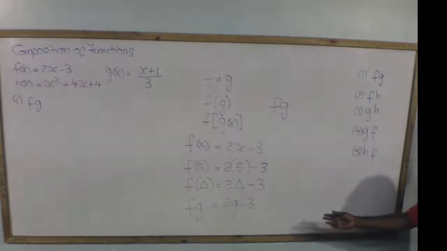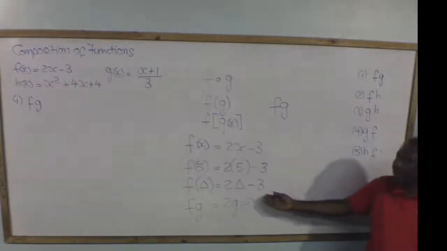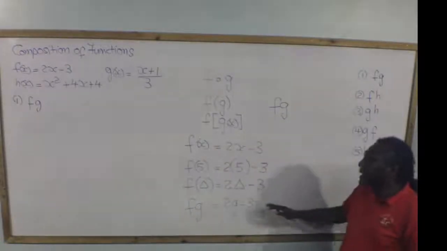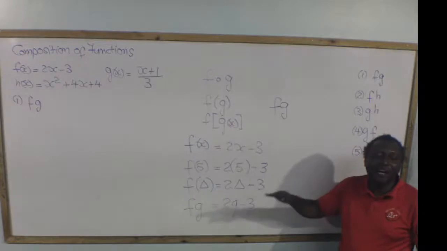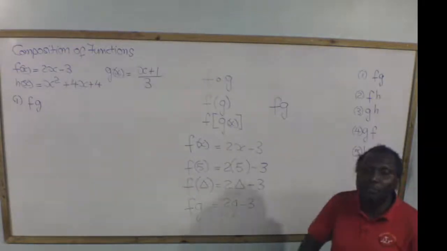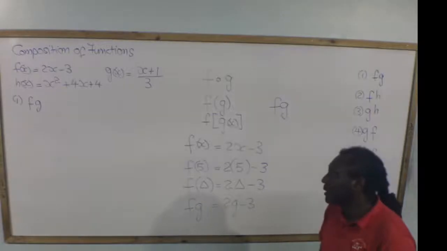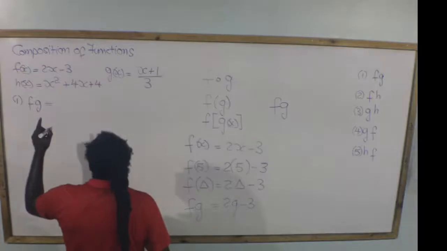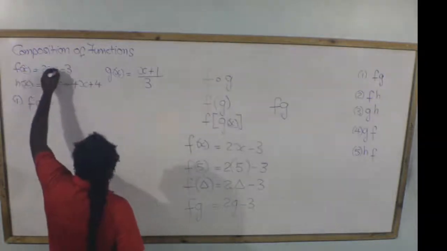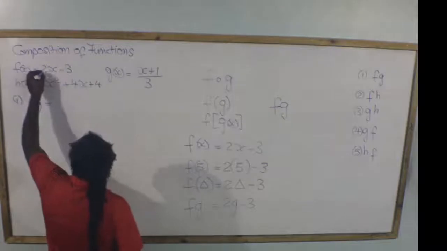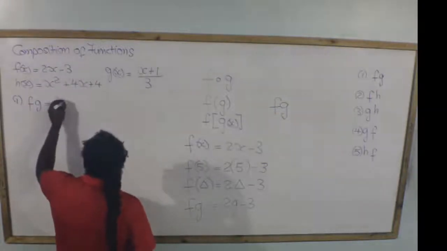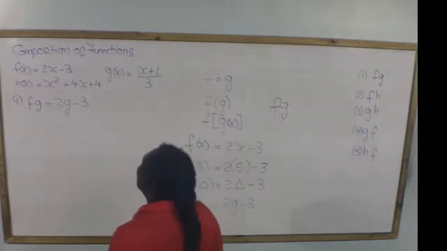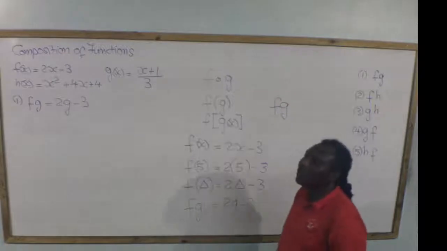Anybody should know that. Then, if everyone should know that, it would be good if we start off by making this simple step. After making this step, it is highly unlikely that the student will go on to make the typical mistake. So, we start by saying f of g is equal to, let us take a look at f. F of x is 2x minus 3, so f of g must be 2g minus 3. Nice.